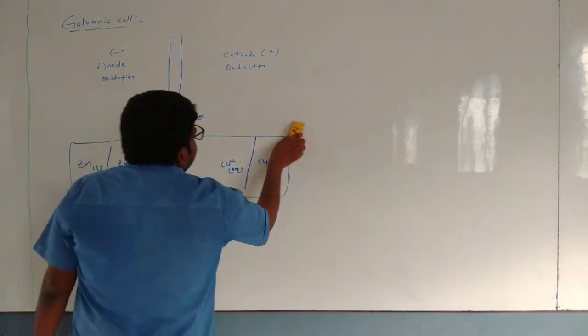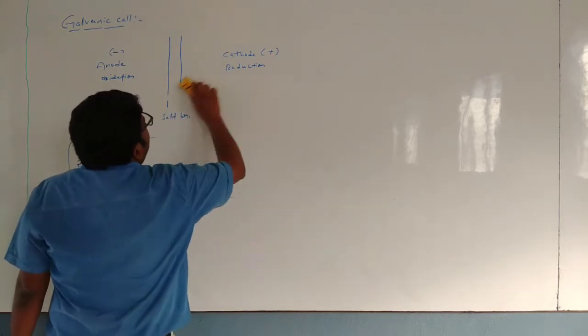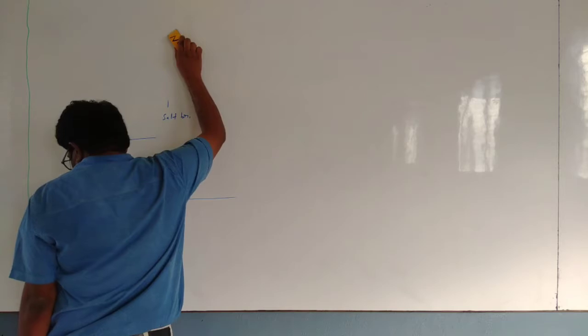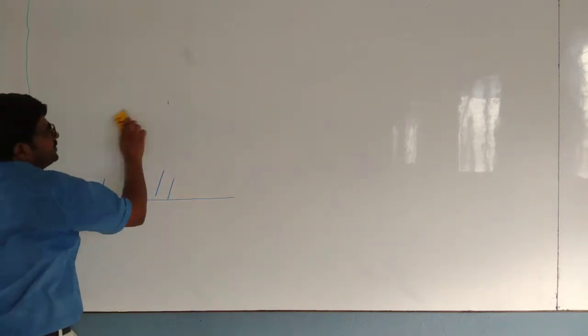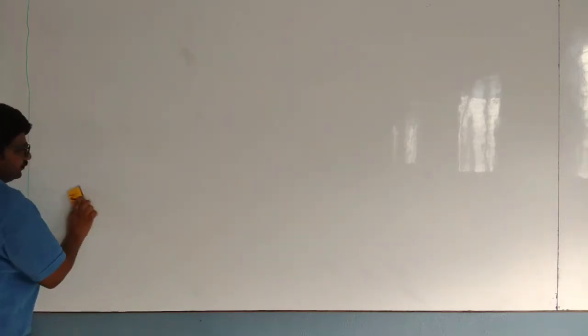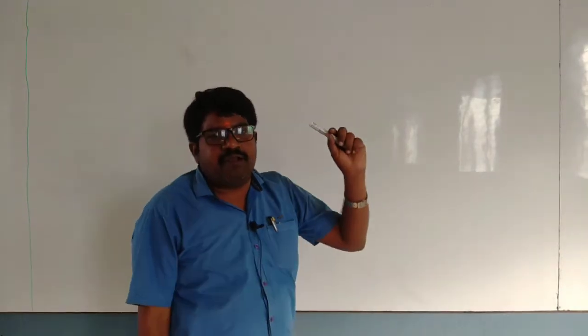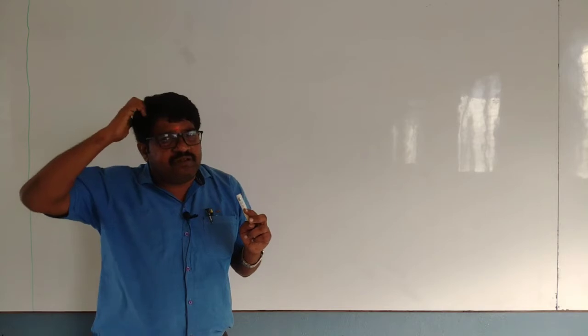Now, what are the conditions when external energy is applied to a galvanic cell? What is the electrode potential value?